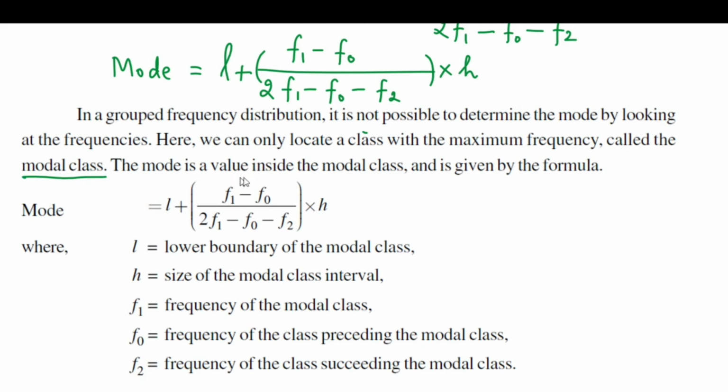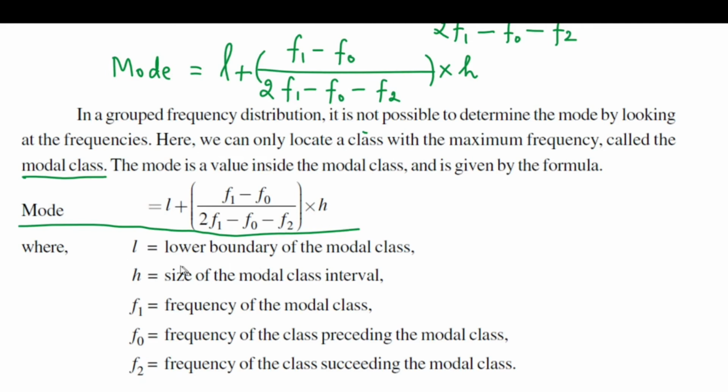The mode is a value inside the modal class, and it is given by this formula. Mode is equal to L plus (f1 minus f0) by (2f1 minus f0 minus f2) into h.